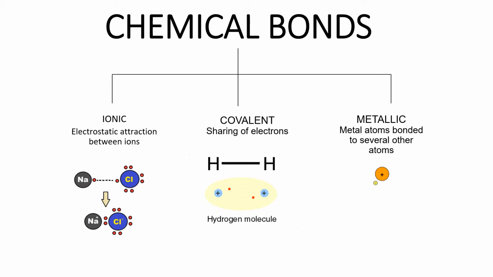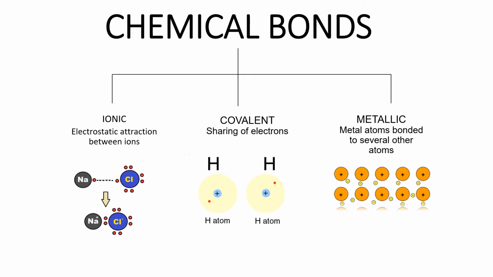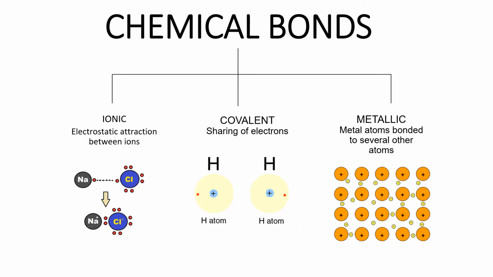The next type of chemical bond is the metallic bond. This is totally different from ionic and covalent bonds, because metallic bonds are formed among a large number of atoms together. For example, think of this as a metallic atom. It has five other atoms around it, and a few more atoms get together, each donating a single electron.